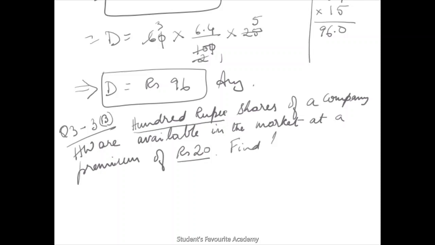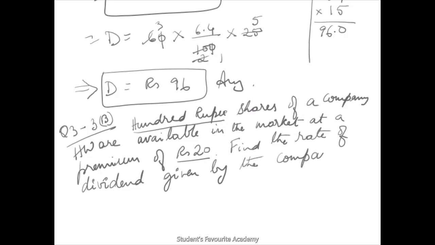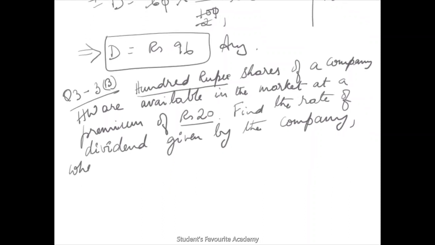Find the rate of dividend given by the company when a man's return percent, return on his investment, is 15%.